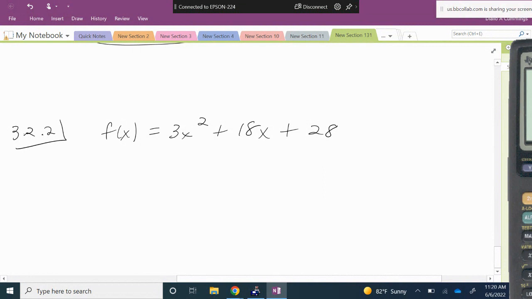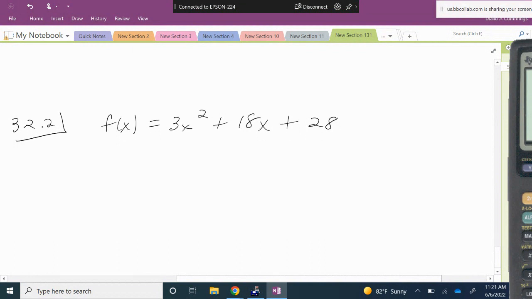All right, it wants us to do the same thing. It wants us to write it in that vertex form, and then pull out the vertex.